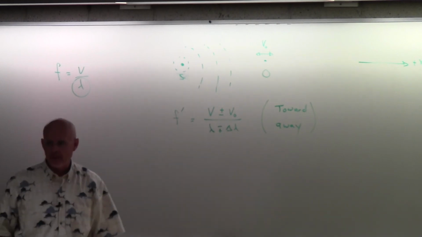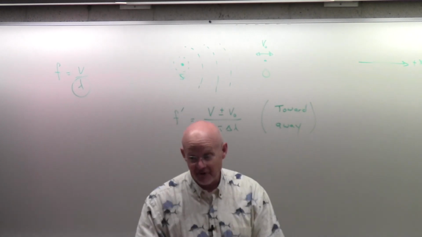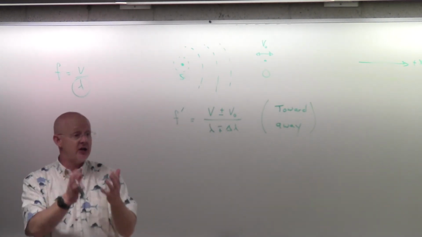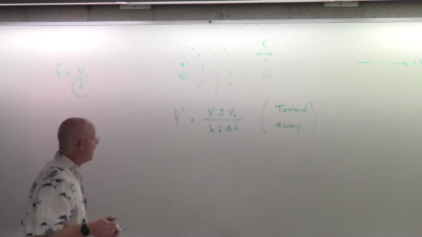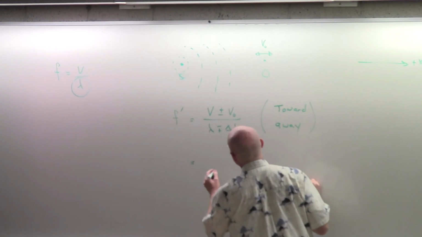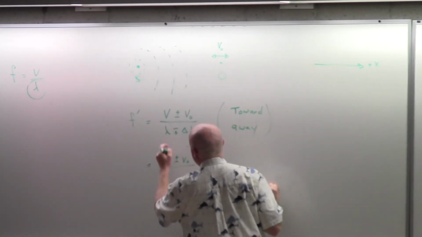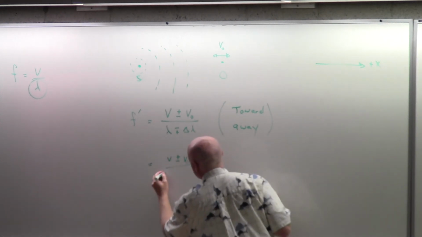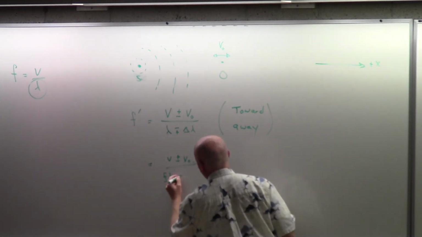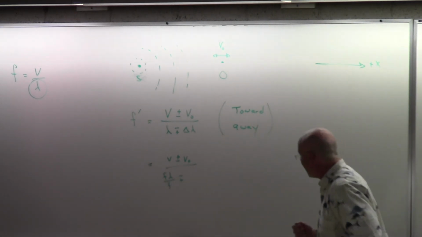And so look carefully. If one of them's stationary, that's easier than if they're both moving. But if they're both moving, we would have a shift because of the source, and we would have a shift because of the observer. A couple quick steps here. I can then replace this with plus or minus V naught. Down here, I am going to write this as frequency over wavelength times frequency. That's kind of boring. All I did was multiply top and bottom by f.